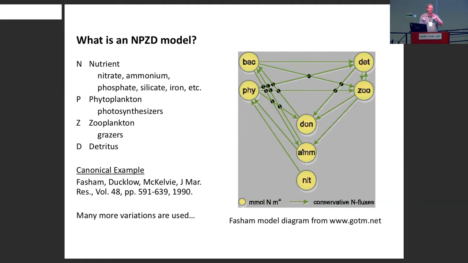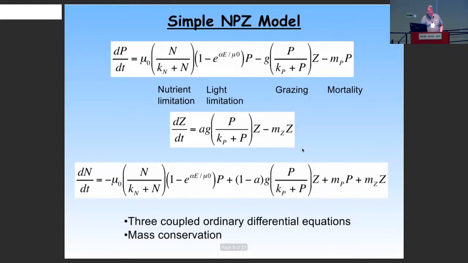All of these arrows represent different processes in the web of life in the ocean, and we need to include a process in the model for each arrow. It gets quite complicated because you have to have a parameterization for each of these processes. A very simple model showing how these things can quickly become complicated is just an NPZ model, where you simplify from that diagram to just 3 pools.